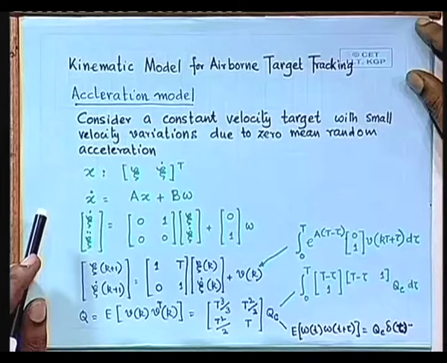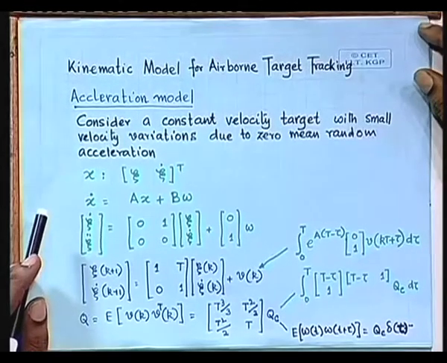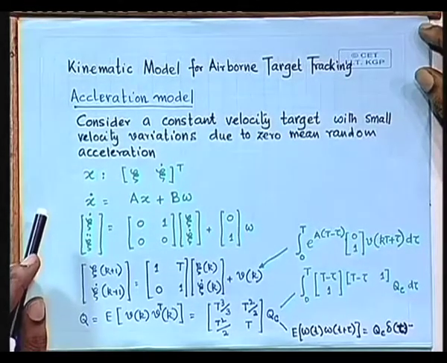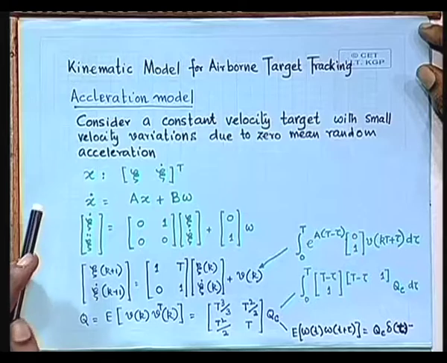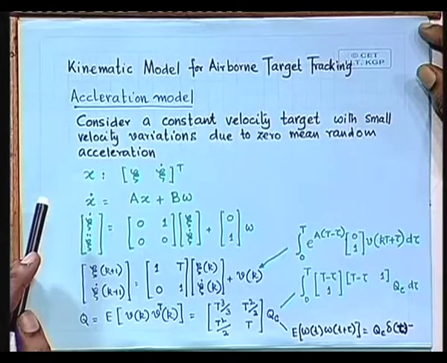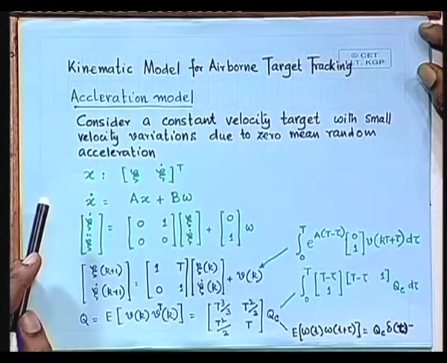Which means that if you are given the position, then you can estimate the velocity correctly. But if your measurement was the velocity, for example if your C matrix is not 1 0 but 0 1, then what is CA? It would have been 0 0.